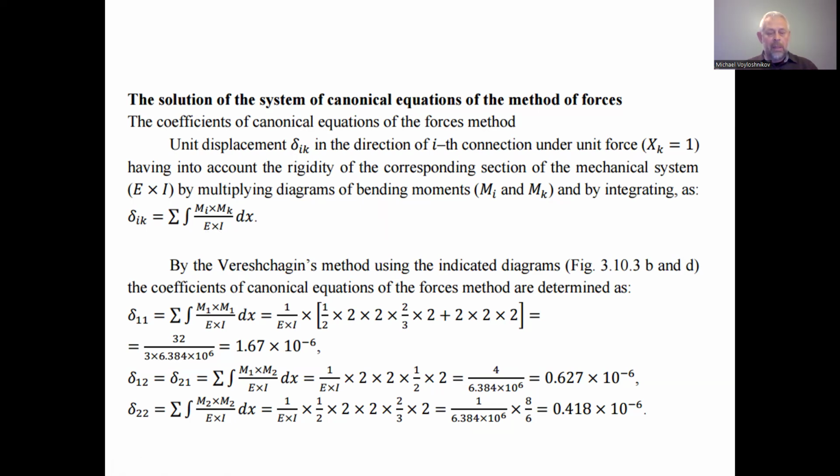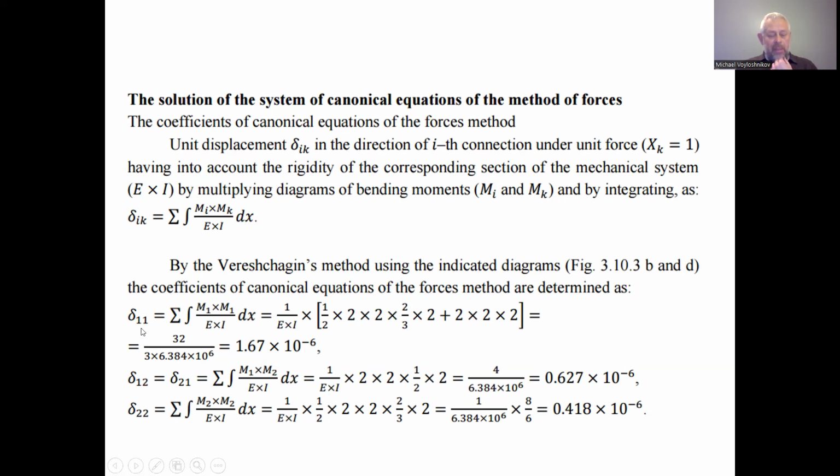We can also consider the superposition of bending and compression under the influence of the temperature, and the expanding of this mechanical system under the influence of the temperature. But compression and expanding we consider when determining the free summands of the canonical equations.